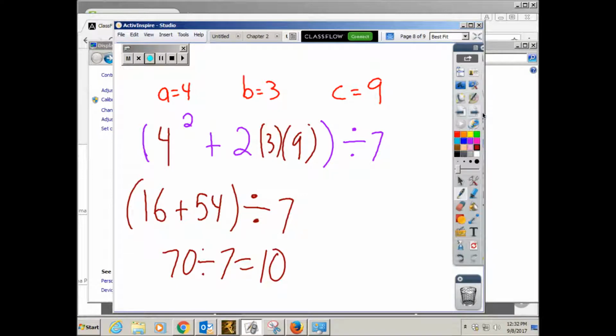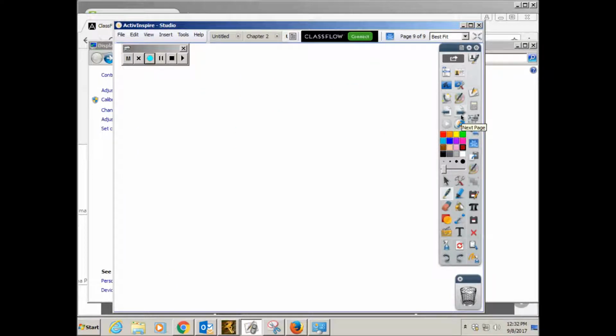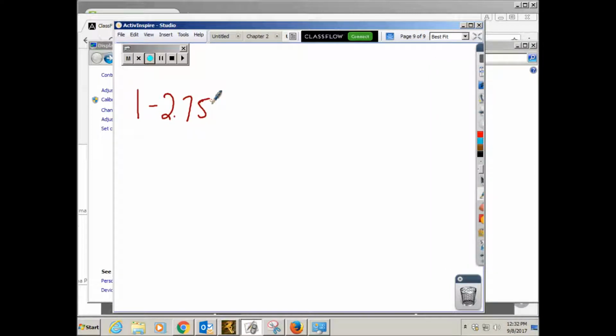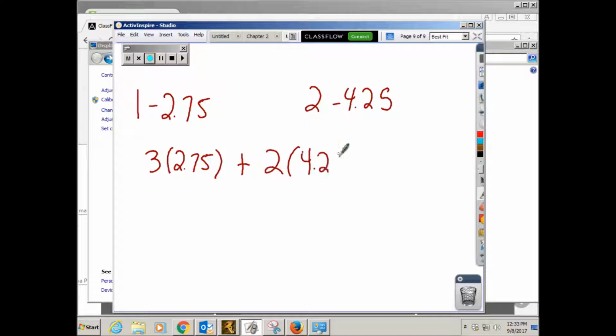Next one. Ice cream. Word problem. The cost of 1 scoop sundae is $2.75. So 1 scoop is $2.75, and 2 scoops is $4.25. I can go for some ice cream. Write and evaluate an expression to find the total cost of 3 1 scoop sundaes and 2 2 scoop sundaes.